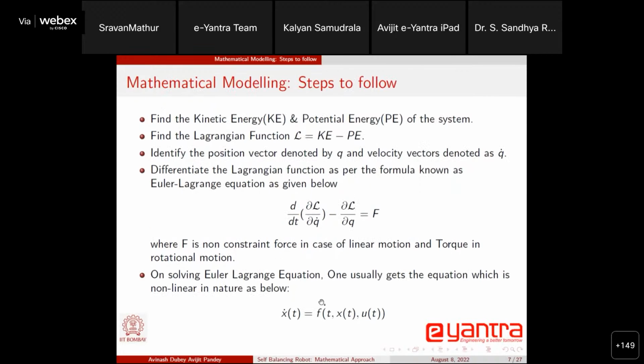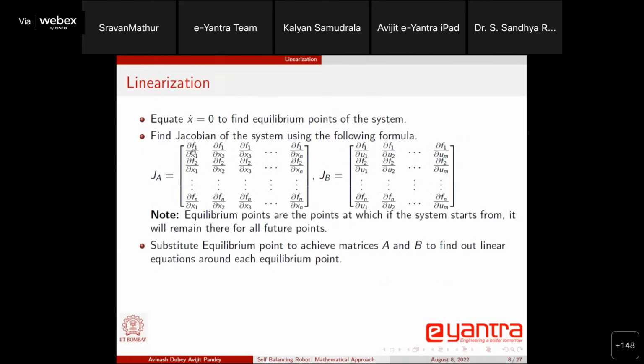There will be multiple functions, f1, f2, stacked in a column. We differentiate each function with respect to each of the states, and this is represented as a matrix. This Jacobian with respect to the states is known as the A matrix, and when you differentiate with respect to the inputs, you get the B matrix.